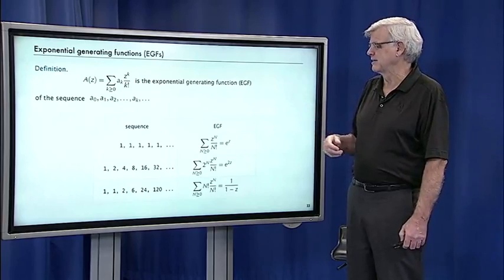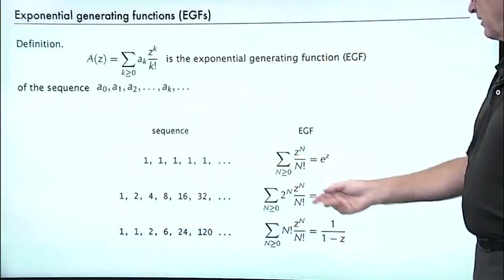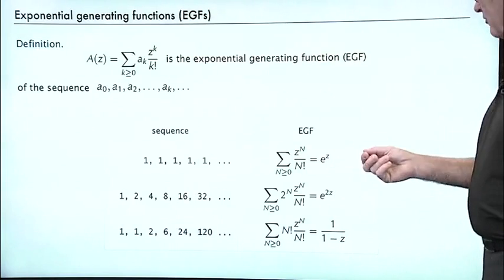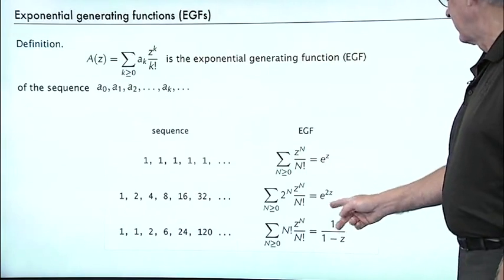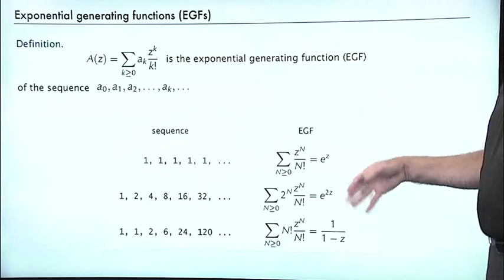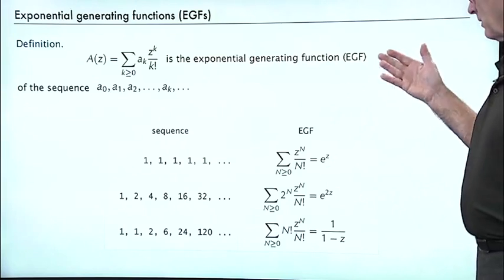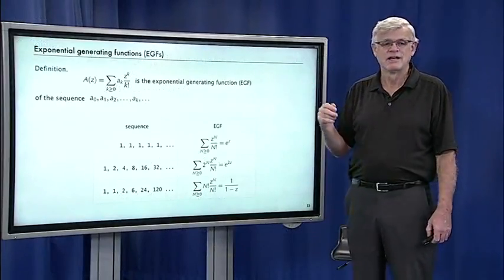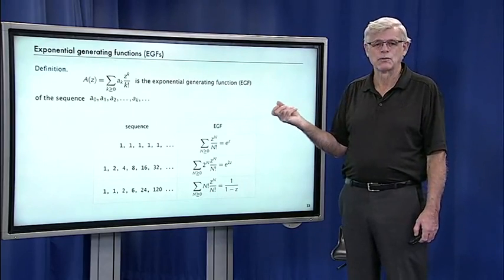So it's worth spending, here's another one, n factorial itself. The exponential generating function for n factorial is 1 over 1 minus z. So that's an example of when we might need it. If you've got a sequence that grows very fast, like n factorial, ordinary generating function is not going to work.